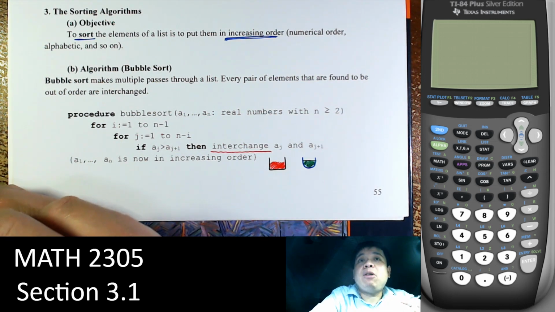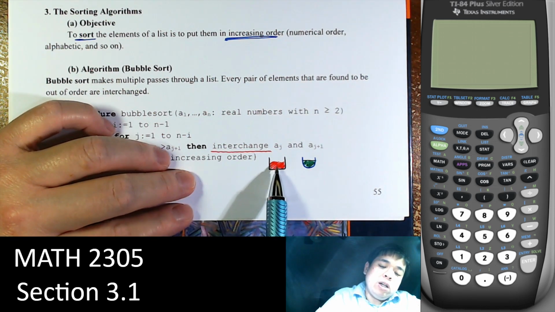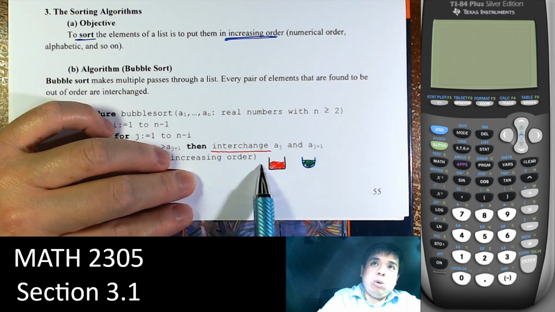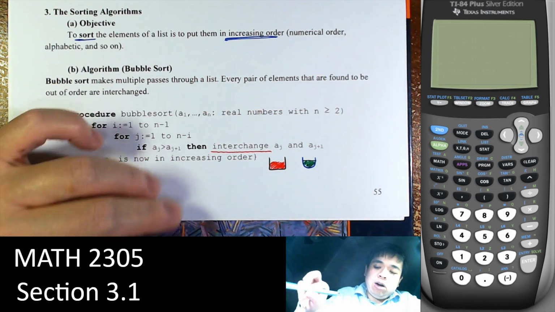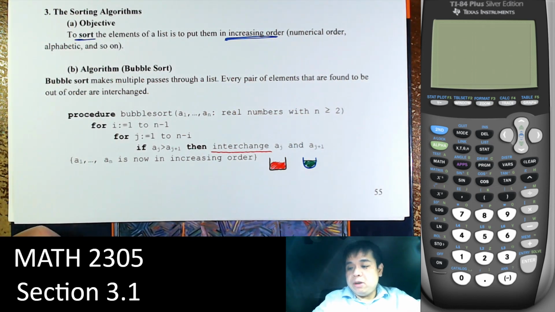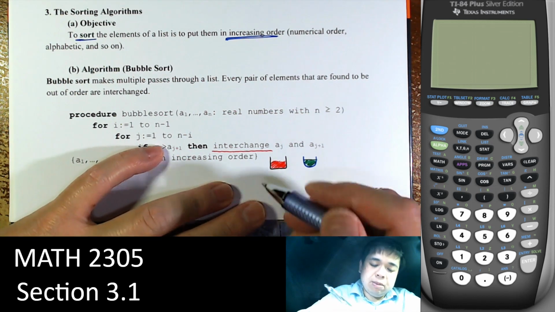Now the task is how do we switch the red liquid into here and the green liquid over there. Here, we cannot just pour them together. We have to have a temporary cup.